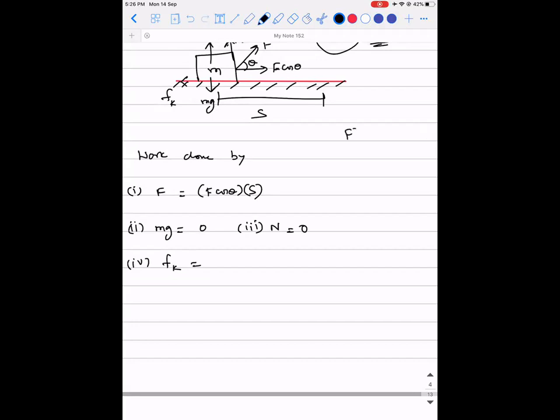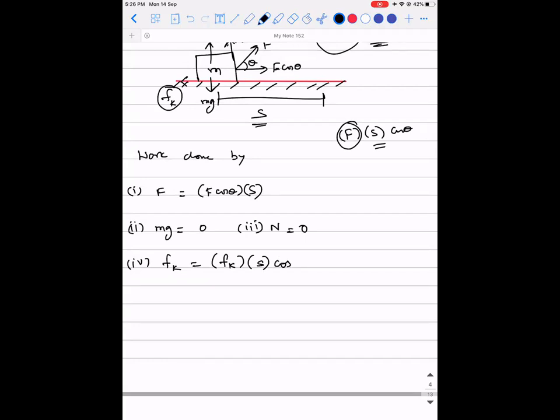Remember the basic formula: work done is force into displacement into cos theta. If I say work done by frictional force, then in the place of force, what should I substitute? Frictional force. So, Fk into S, since Fk is also acting for a displacement of S. But the important point here is cos of how much?